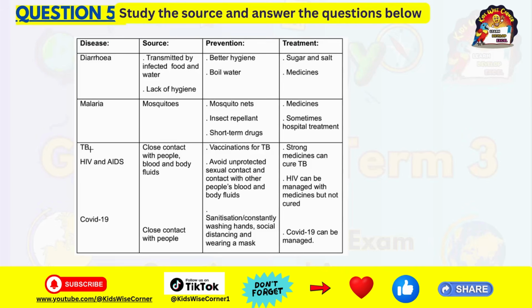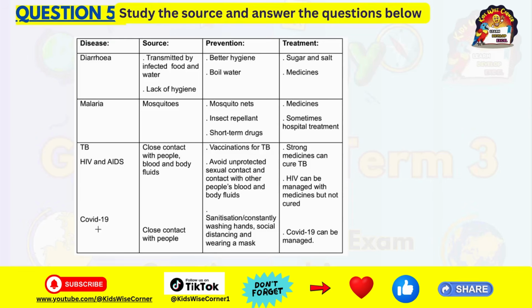Then we've got TB and HIV and AIDS. The source is through close contact with people, blood and body fluids. Prevention is vaccinations for TB, where you can avoid unprotected sexual contact and contact with other people's blood and body fluids. Treatment is strong medicines can cure TB, and HIV can be managed with medicines but not cured.